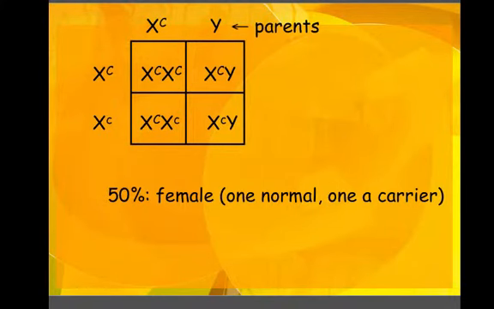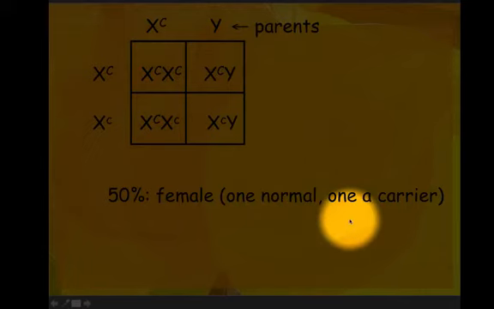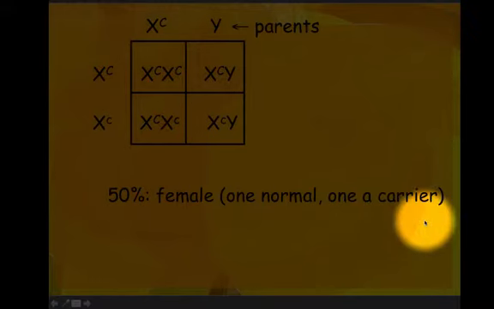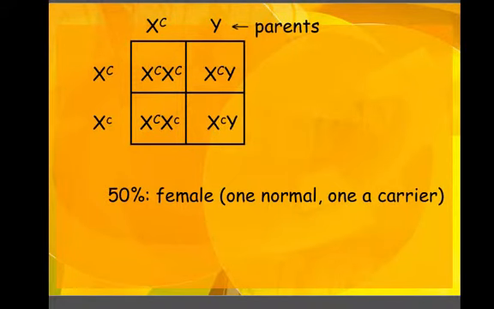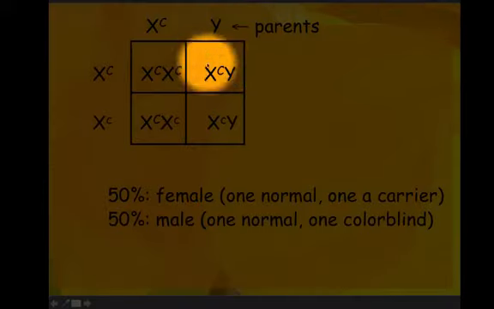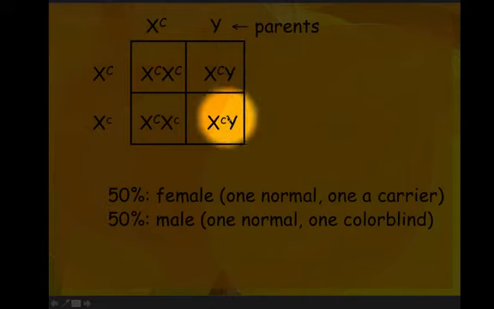One's going to be completely normal, the other is going to be a carrier. A carrier is a vocabulary word that you should know, meaning that it is heterozygous. It has the dominant allele and the recessive allele, meaning it can pass the recessive allele on to offspring. It also has 50% male, but one's normal and one is colorblind. Here's my normal, here's my colorblind.